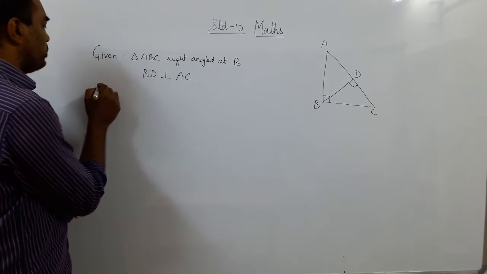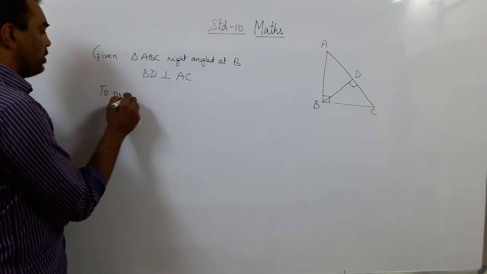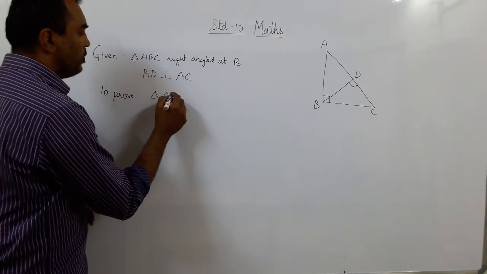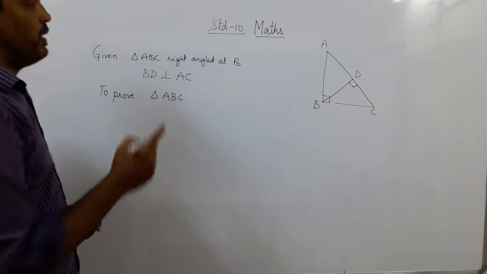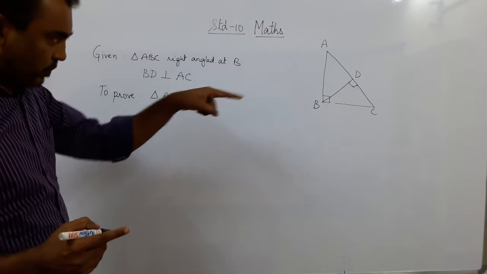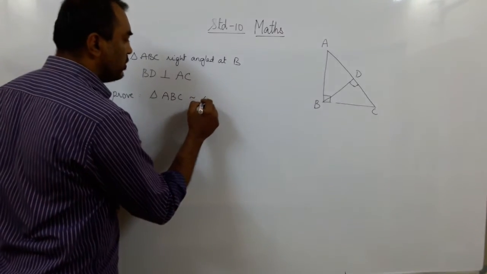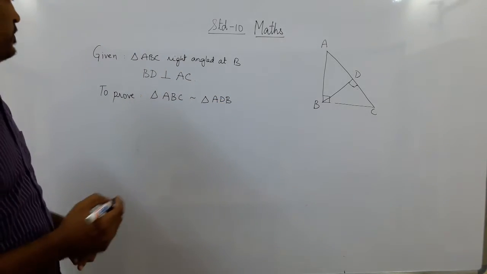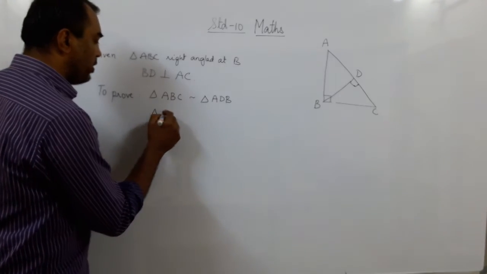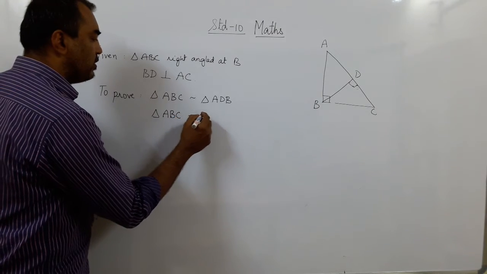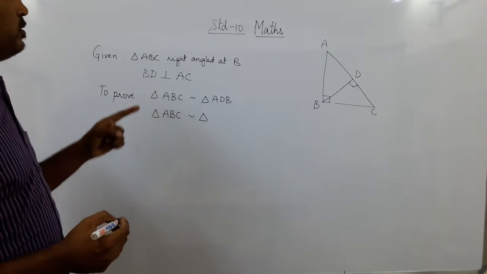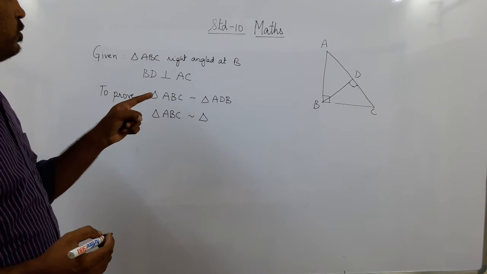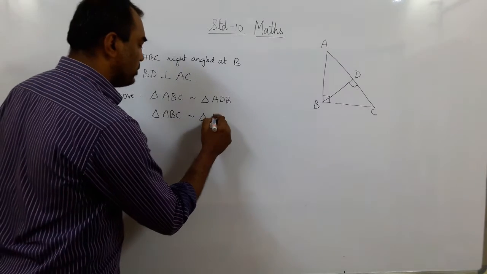What do I have to prove? First, I have to prove triangle ABC, that is my main triangle, the complete triangle, is similar to triangle ADB. I have to first prove this. Second, I have to prove again the whole triangle ABC is similar to BDC.